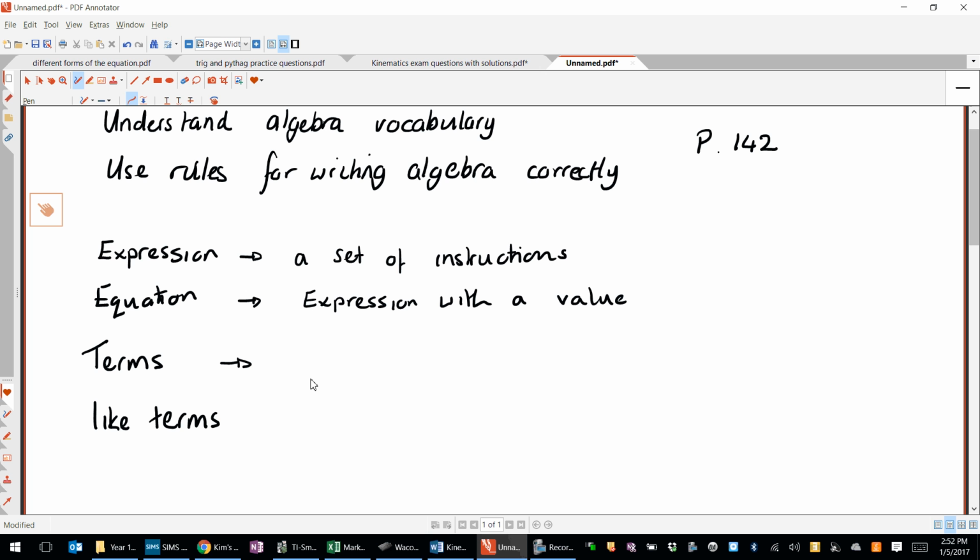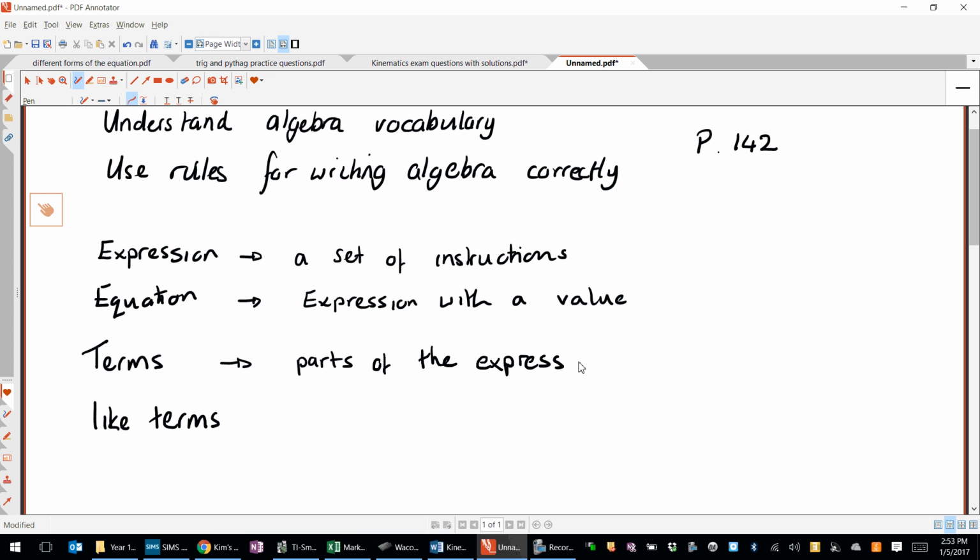So you might therefore have more than one term to your expression. So you'll understand more when we see it, but we'll say it's different parts of the expression.